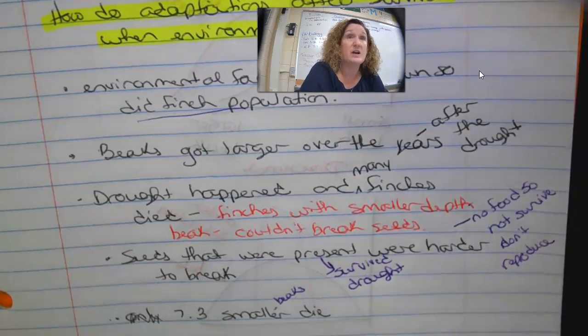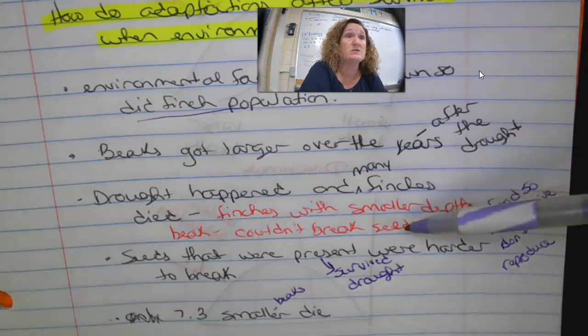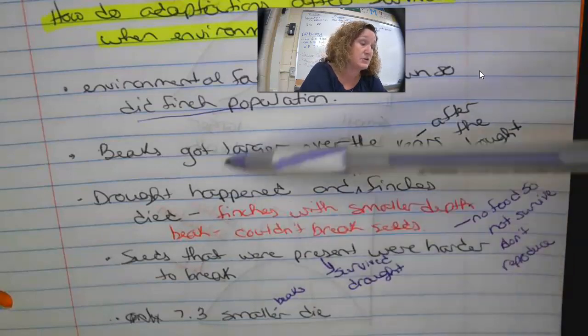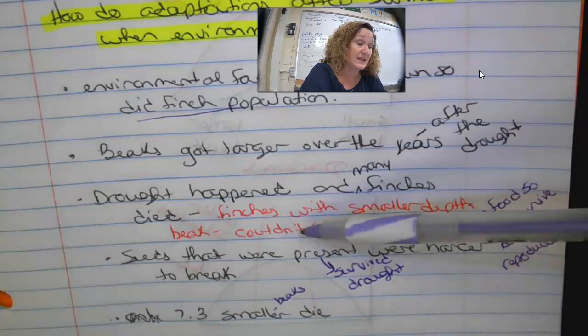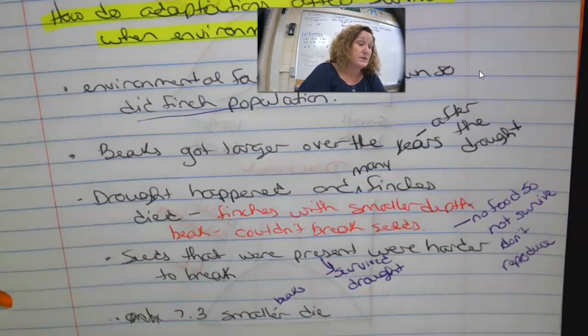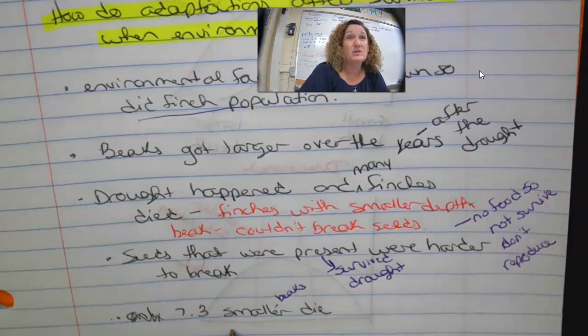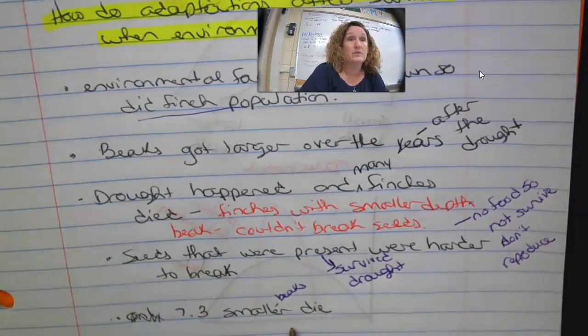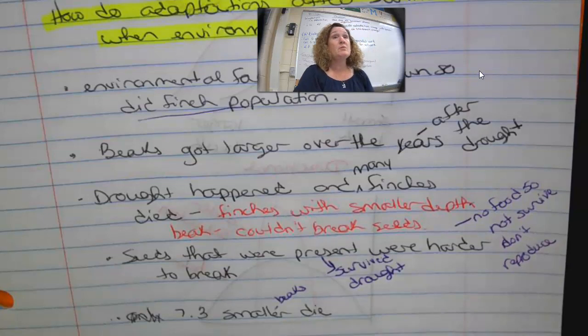The finch are not choosing to get a larger beak. It's just that those that have the larger beak are able to eat the harder seeds, so they survive. The ones that had about 7.3 and smaller are the ones that were dying off when you looked at your data. Remember that you can go back to your graph, so I'll show you that in a second.